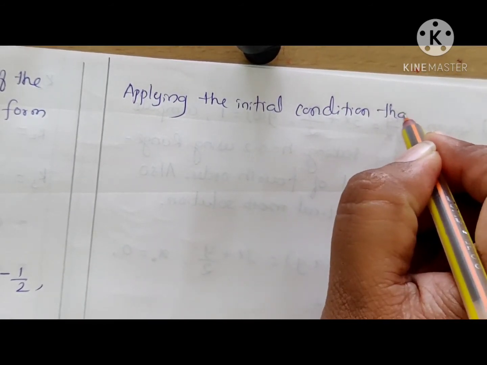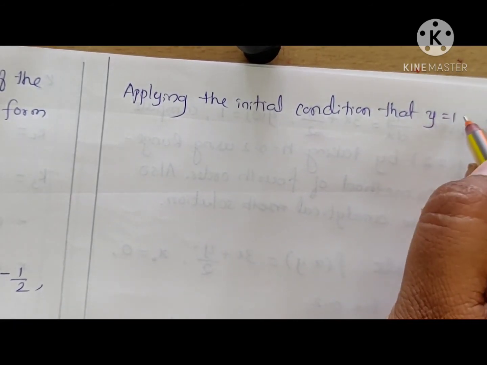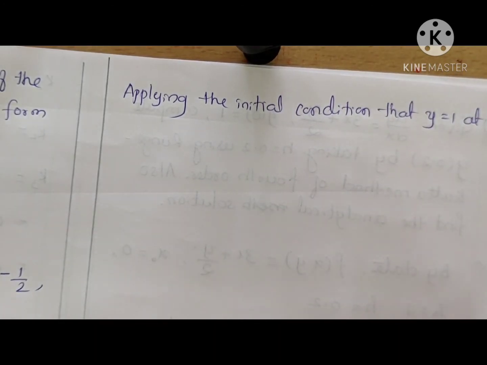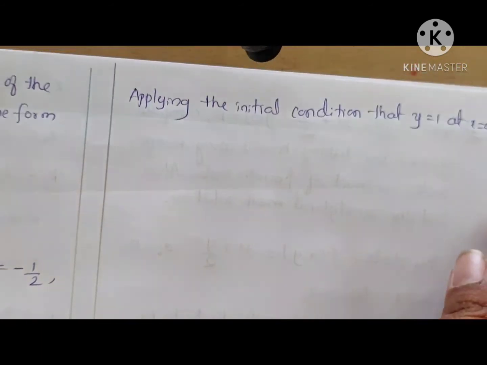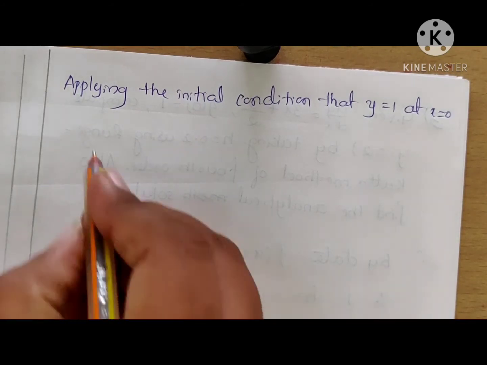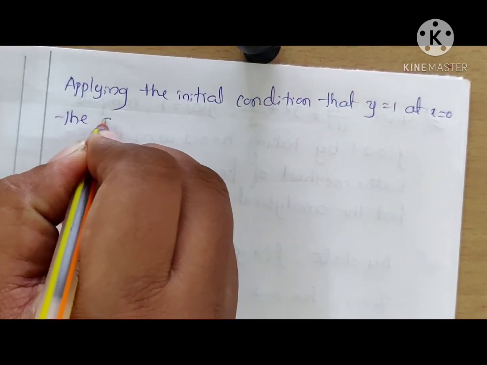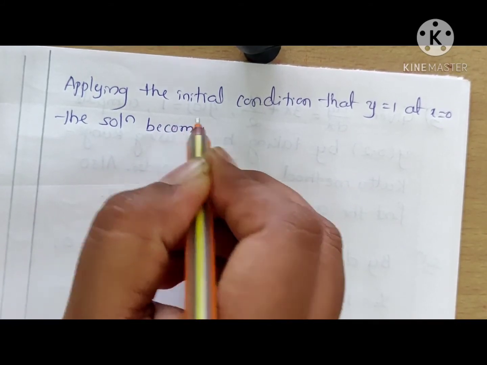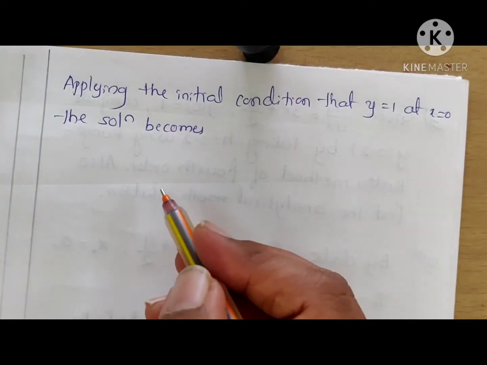That is, y is equal to 1 at x equal to 0. The solution becomes: just substitute in the previous equation.